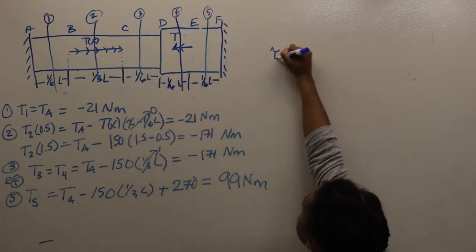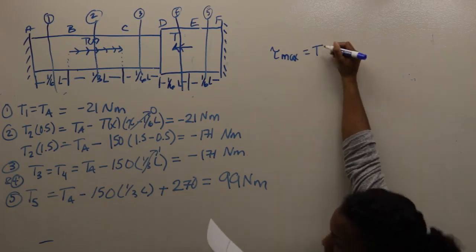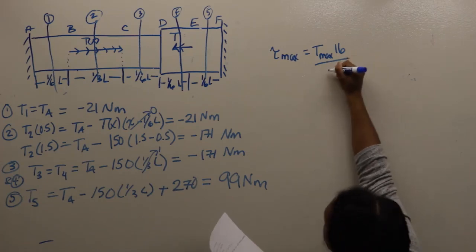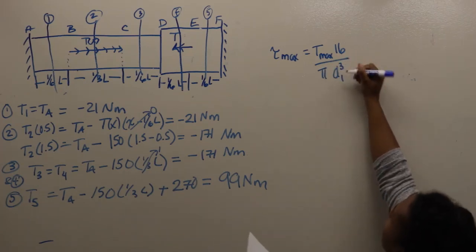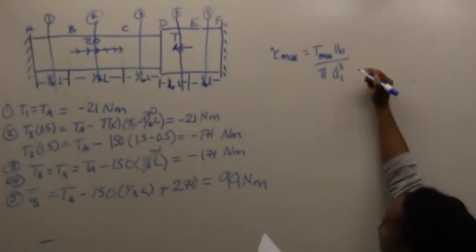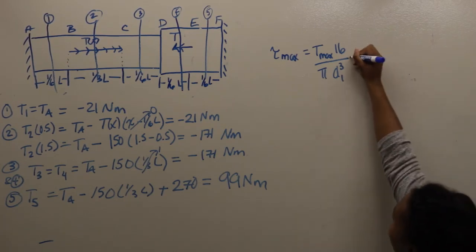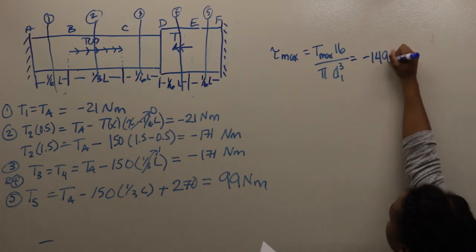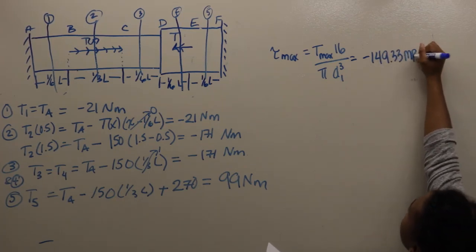So tau max equals the torque max times 16 over pi d cubed, and it's the first shaft diameter. You can say D1 or you can say DAD. And this should equal about negative 149.33 MPa.